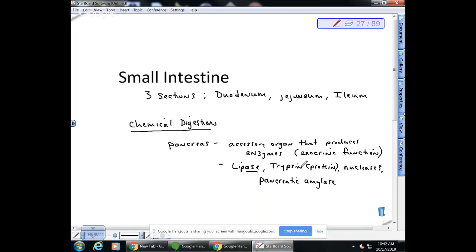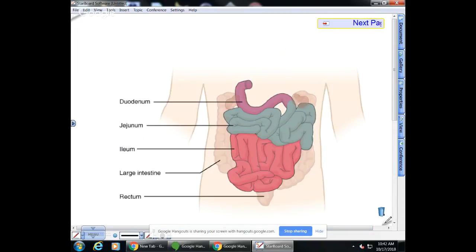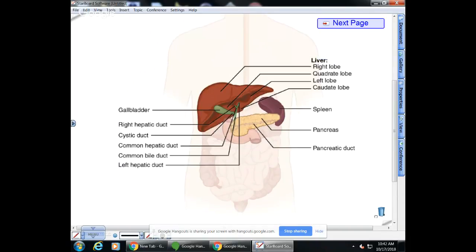Now the pancreas, when we do our dissection, and even when you look at it in a cadaver, when you open up the body cavity, it is not like a separate organ like the liver or the stomach or the spleen. It just kind of sits in the mesentery, and it is essentially a digestive gland. So when we look at it on the diagram, you'll notice that the yellow is my pancreas.